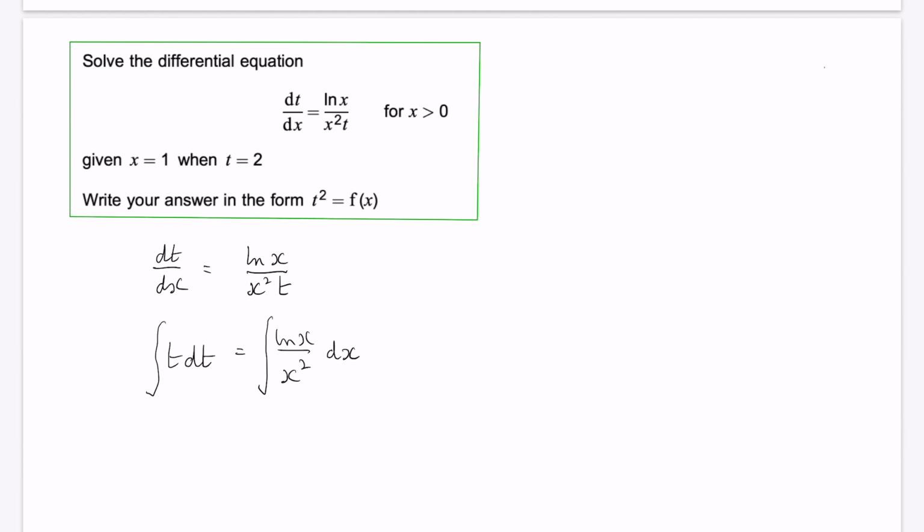And that is now a correct deduction from this original differential equation. And what we have ended up with now are basically two integrals. The first of which is fairly straightforward, and the second of which will require a little bit more care.